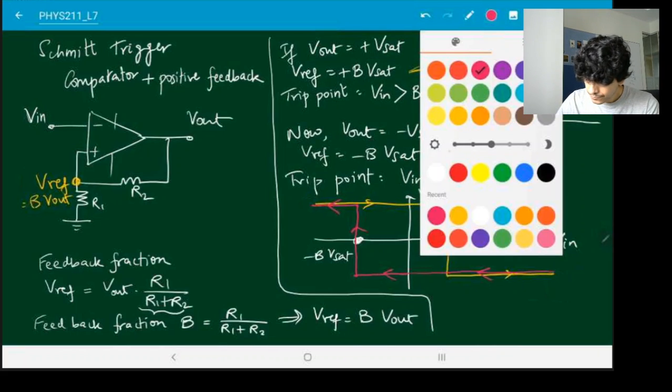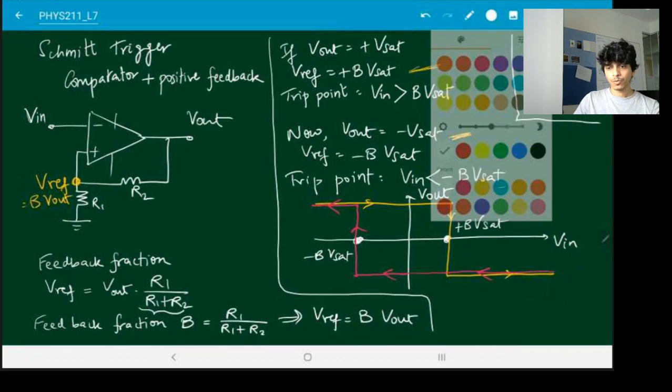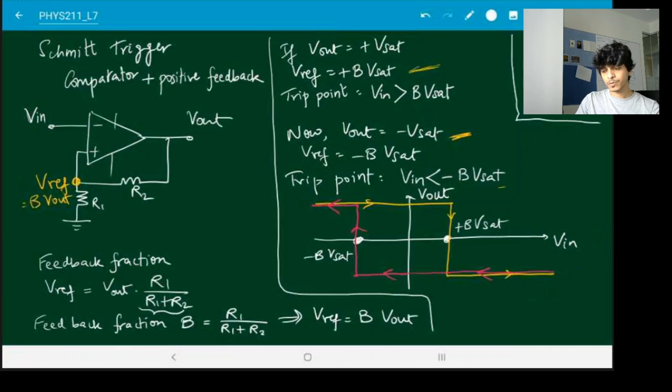So this kind of characteristic, where the tripping point property depends on whether you are increasing Vin or decreasing Vin, is called hysteresis.